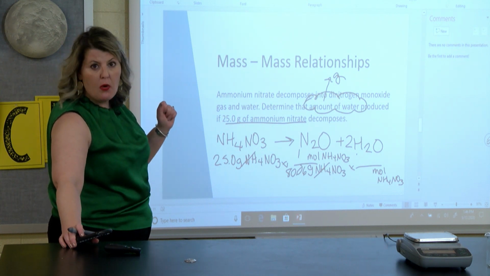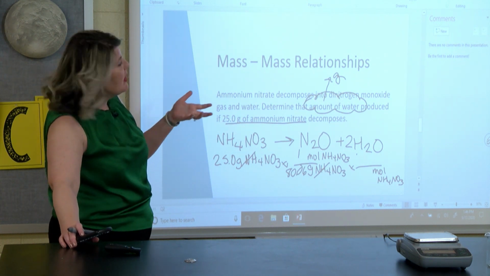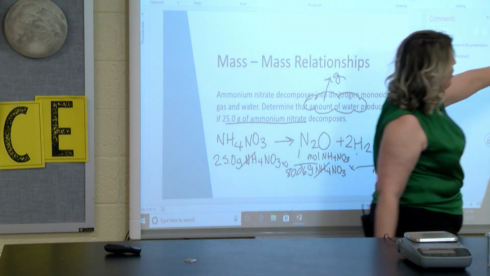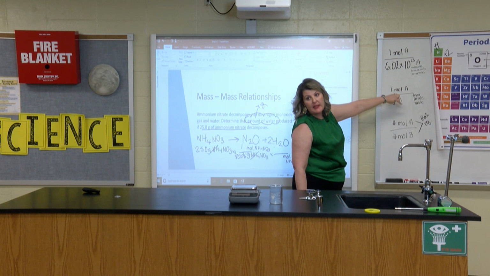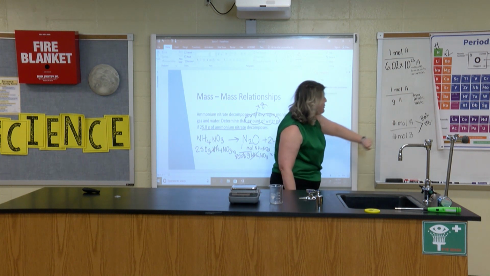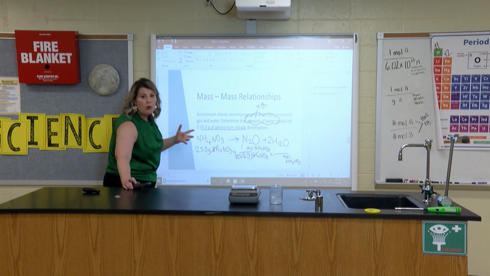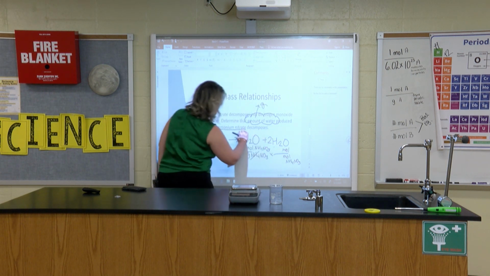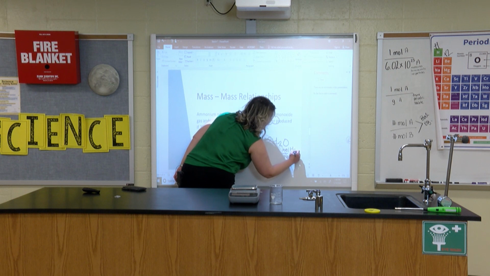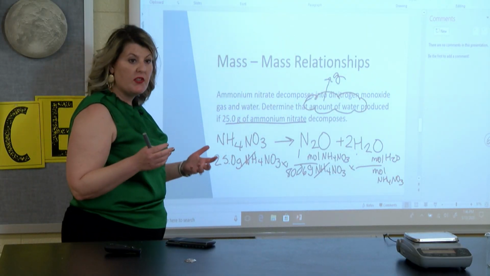And the answer is no. You can't mix chemicals when you have grams and moles. If it's moles of A, it has to be grams of A. The only place you can change chemicals is a molar ratio. So on the top, we're going to put moles of water, because that's the chemical that you're trying to get to.